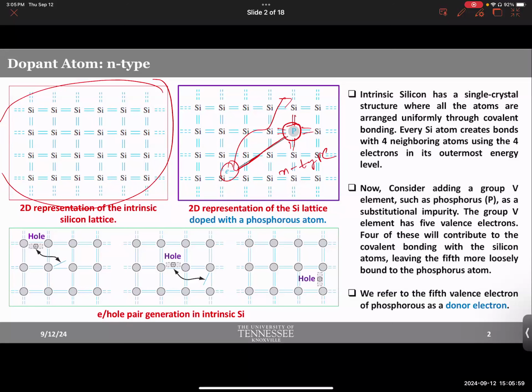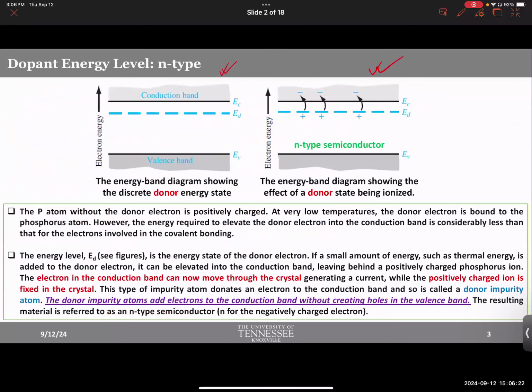On the other hand, when you dope it with something that has fewer than 4 electrons, you create an absence of electron, otherwise known as a hole, and the nearby atoms will try to fill up that void, and in doing so create a void in a different location, and then there will be more like a cat and mouse race again, and you create a flow of holes, quite opposite to the flow of electrons.